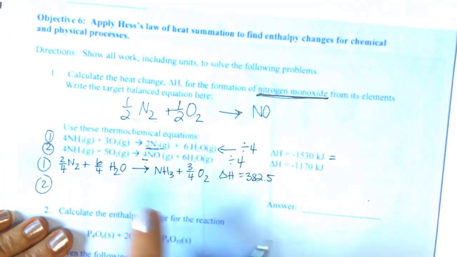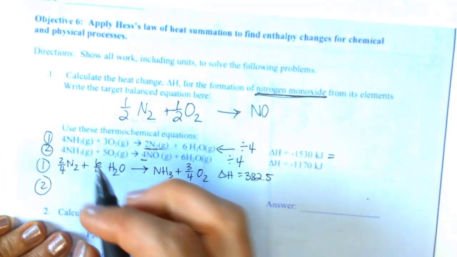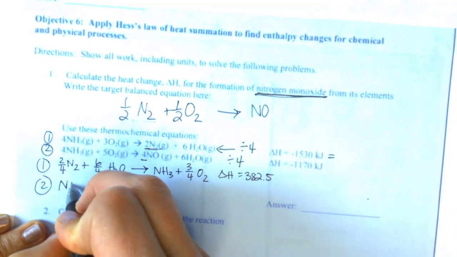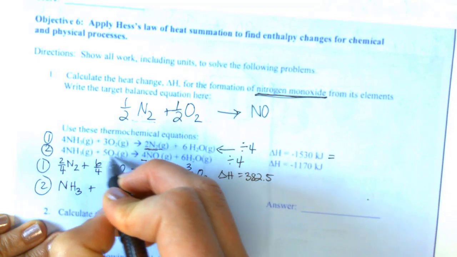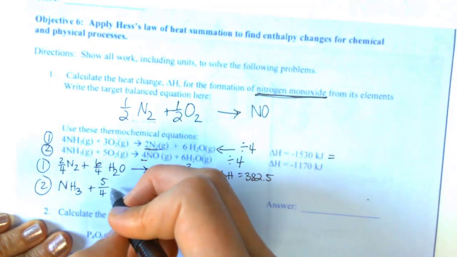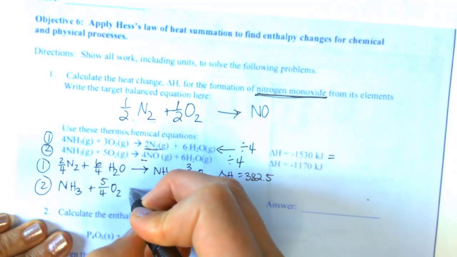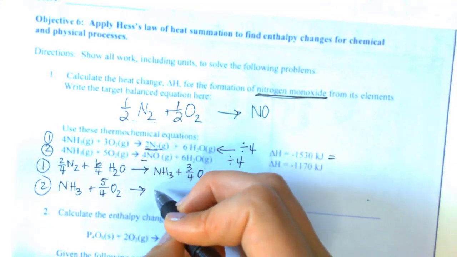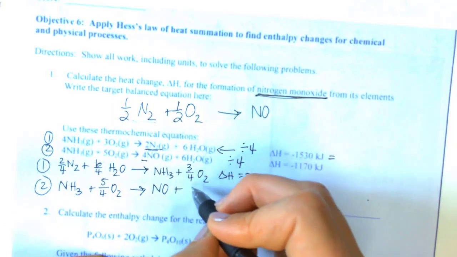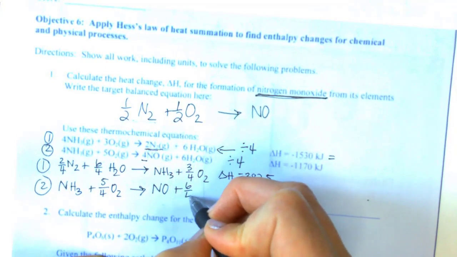So let's rewrite this as is, but everything is divided by 4. So I'm going to write, instead of 4 NH3s, it's going to be 1 NH3. Instead of 5 oxygens, we're going to do 5 divided by 4, 5/4 oxygen. 4 NOs divided by 4 is just 1 NO. 6 waters divided by 4, we'll just say 6/4 H2O.